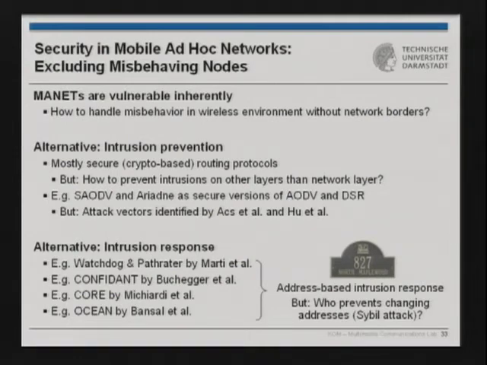The question is, if we are in a network where we need cooperation as a basis for functionality, and if we have devices from many administrative domains, so in general, a user can do whatever he or she wants with the device, then changing addresses is possible very easily, may it be on the medium access or network layer. And with this, we can just bring down the effect of address-based intrusion response mechanisms.